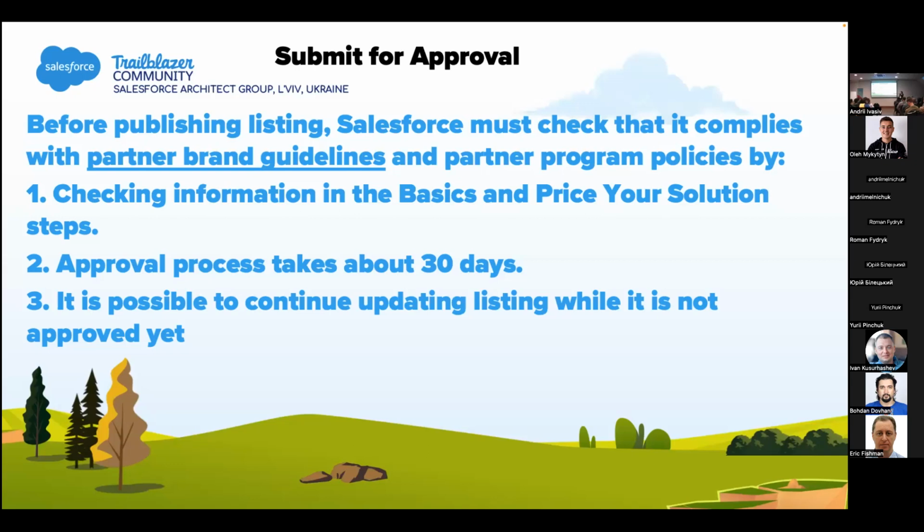Before, it was called business plan approval, and you need to consider the time for Salesforce to review and approve your business process before you can proceed and even submit your application for security review.